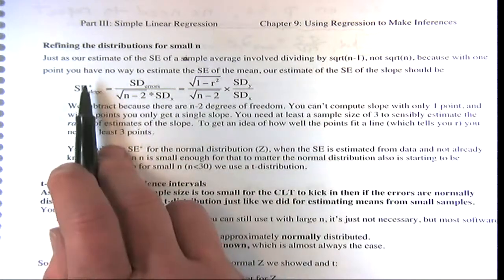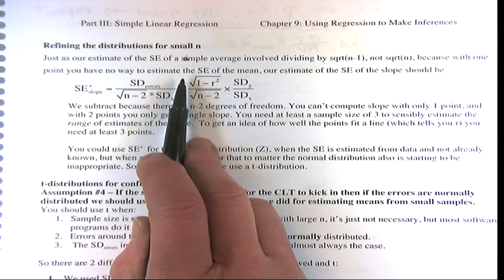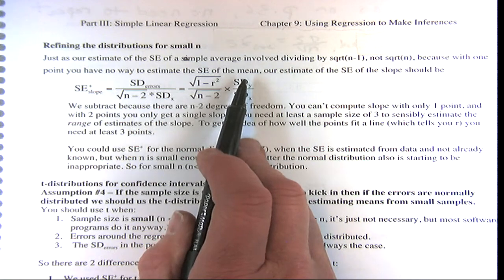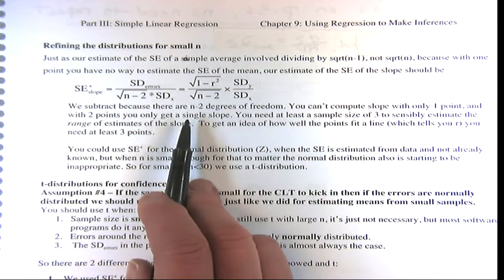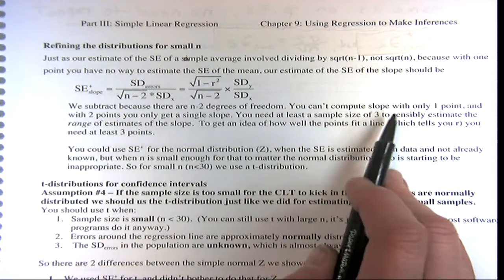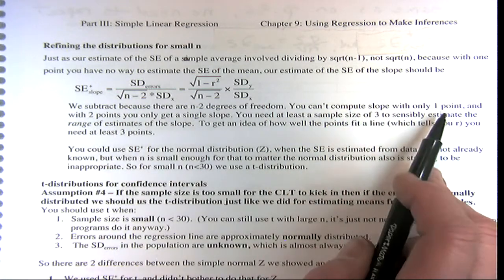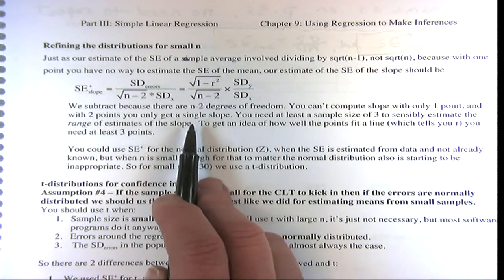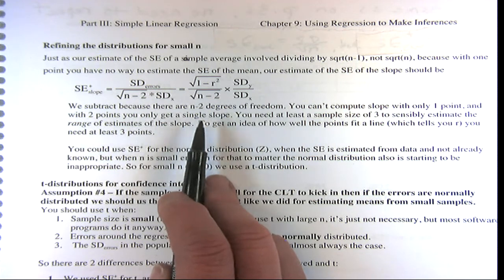Because with 1 point, you have no way to estimate the standard error of the mean. You have no spread there to estimate it. So similarly, now, with a slope, you can't compute a slope with only 1 point, and with 2 points, you only get a single slope. 2 points determine a line. There would be no variation.